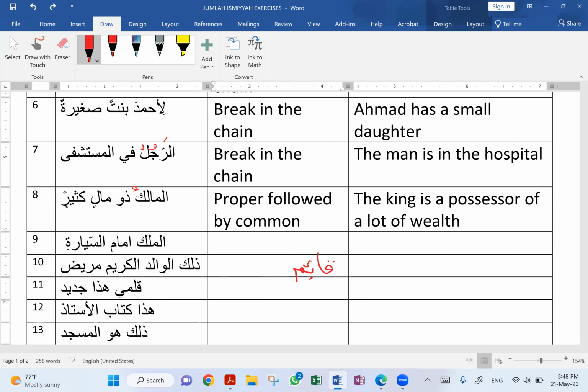I have a question. Yes. In example number 8, I know the "is" is invisible there, but for a better translation, would it be okay to say the king has a lot of wealth? Yes, that would be a better translation.